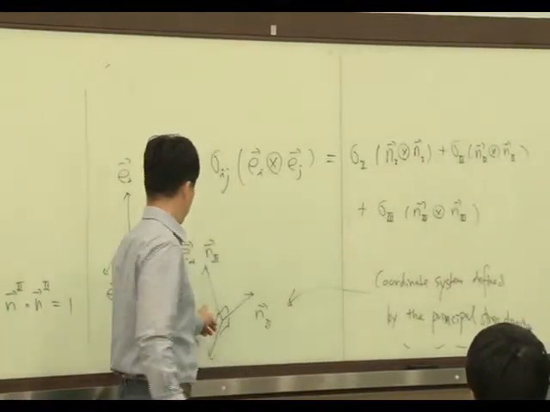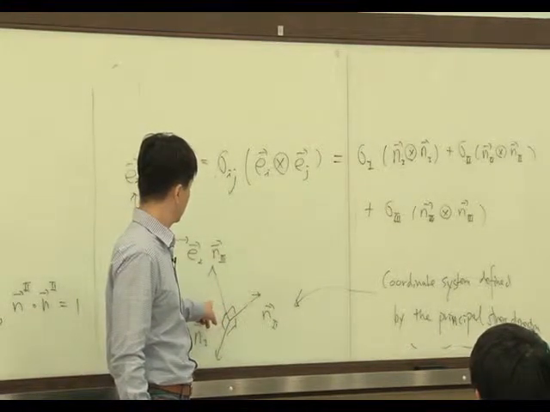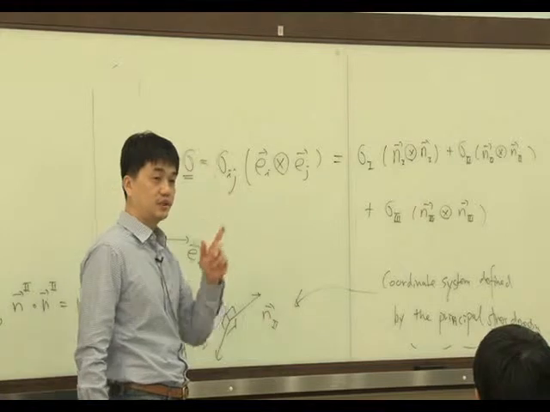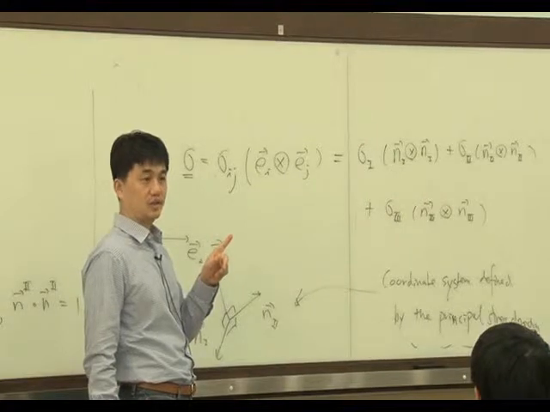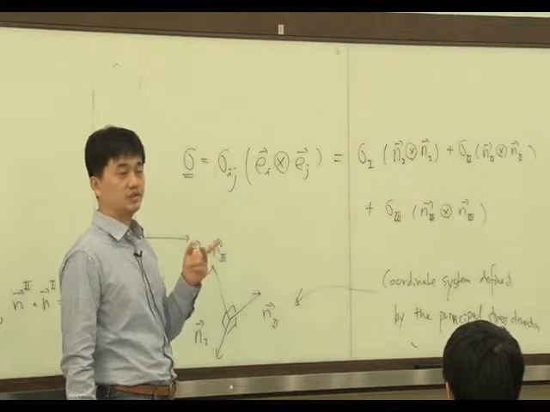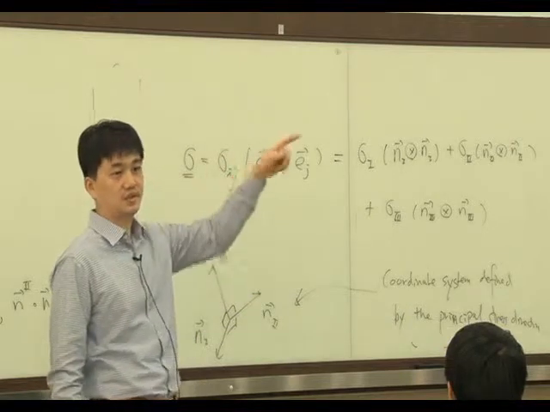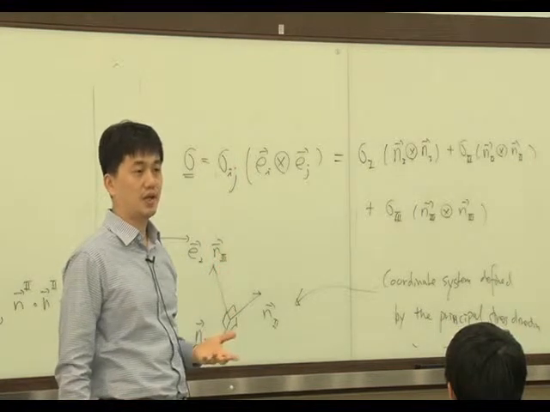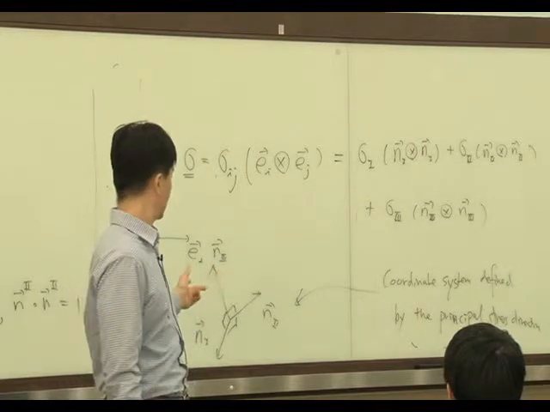So we can define the coordinate system by the principal stress direction. And in principal stress direction, we have only 3 normal stresses, right? Stress 1, 2, 3. Sigma 1, sigma 2, sigma 3. These are something like a position in space, right? A position in space can be defined by 3 values, right?